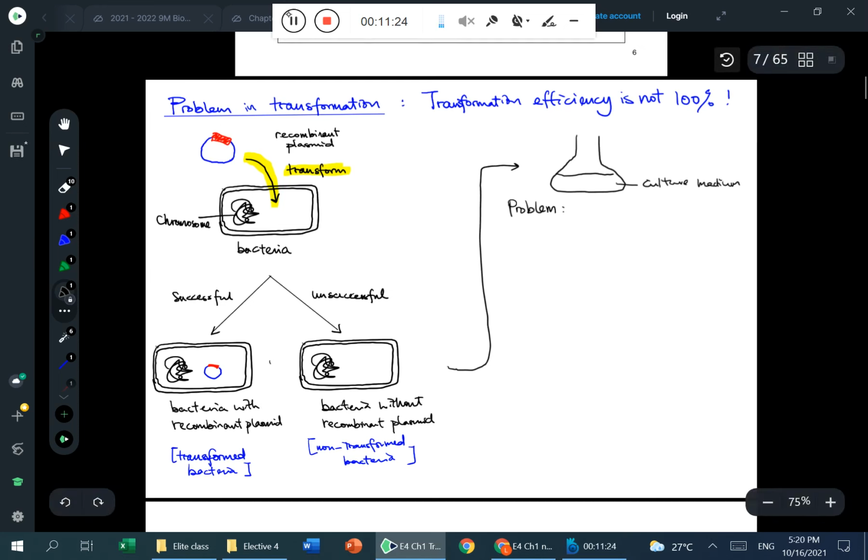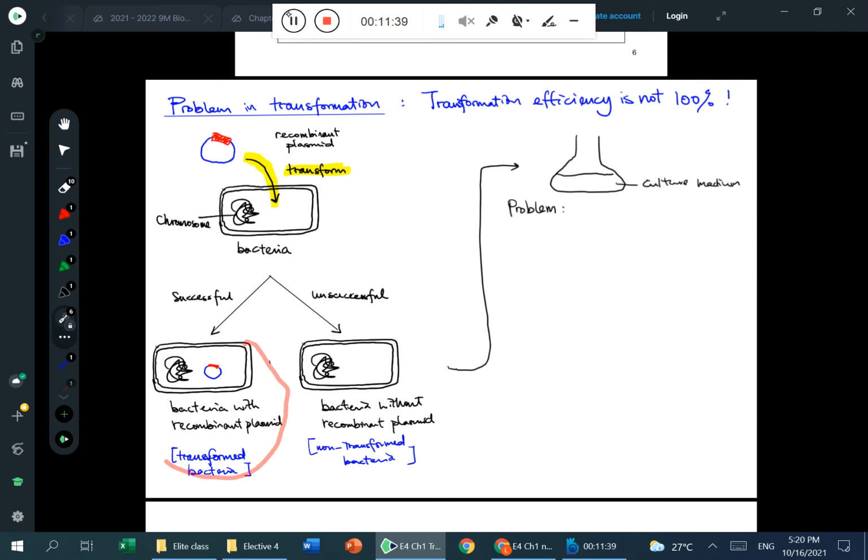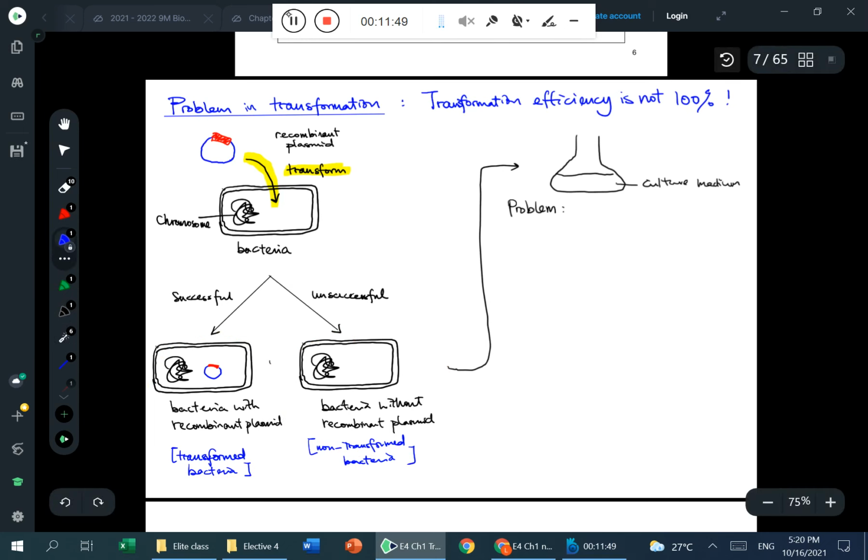Now maybe you think, all right, there's just a little bit of non-transformed bacteria in the flask. So what? Most of the bacteria at the start are the transformed ones. But think about the transformed bacteria producing hemoglobin. Also remember, when you have done the homework, you should know that there are numerous copies of these plasmids inside the bacteria, so they are making numerous hemoglobin inside one cell.